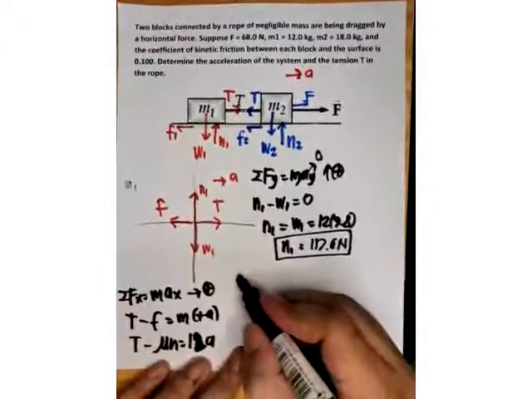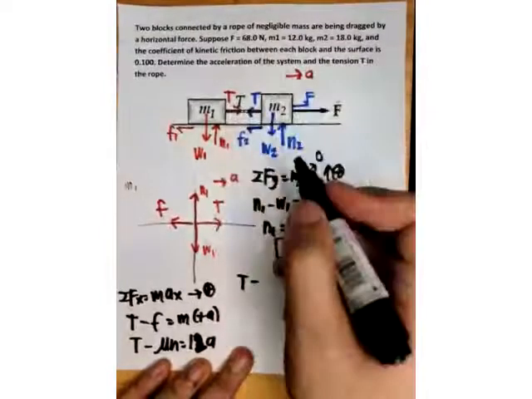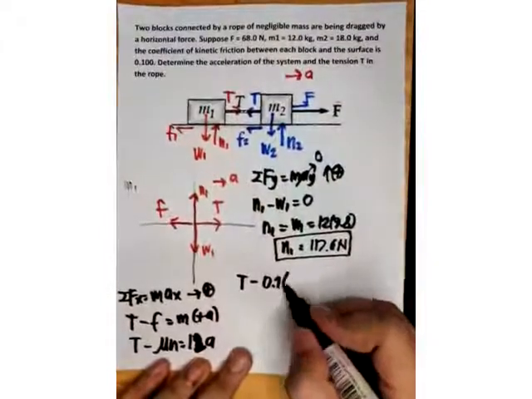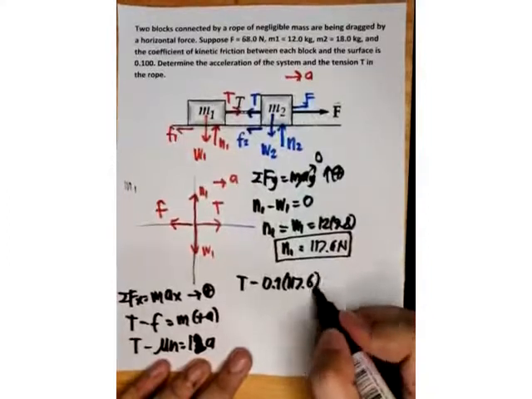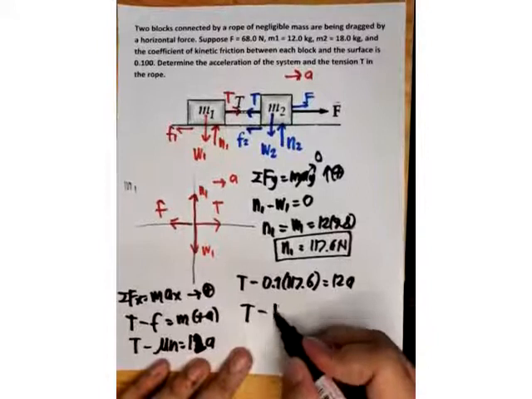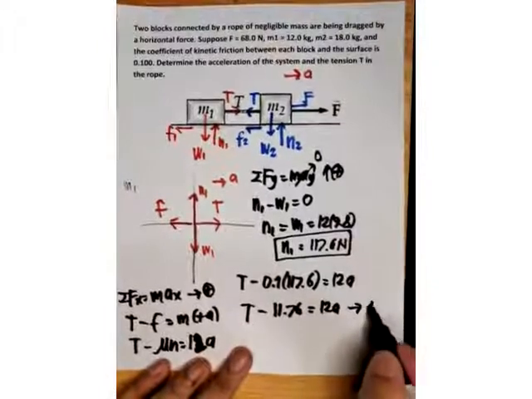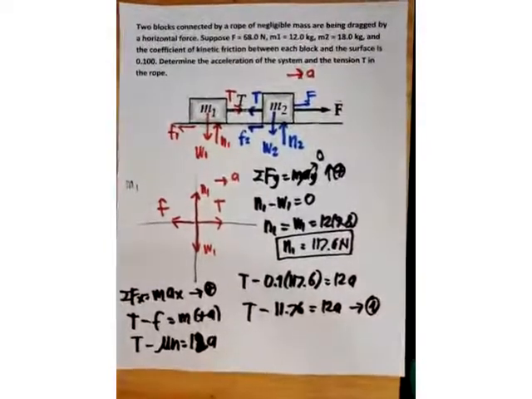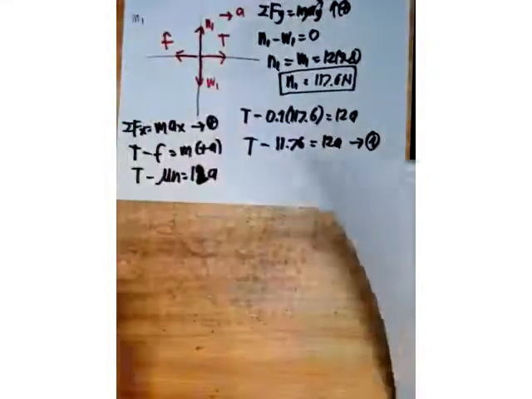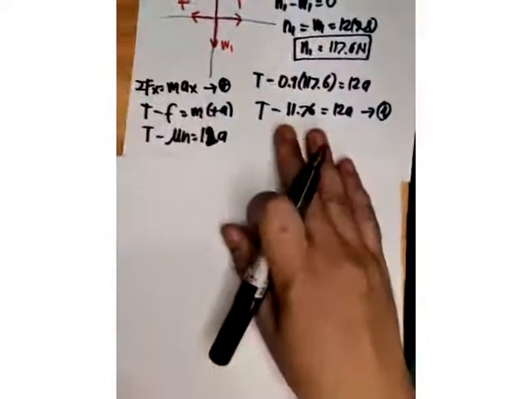So, tension minus, what's our coefficient of friction? It's 0.1 times 117.6 is equal to 12a. So, let's simplify. Tension minus 11.76 is equal to 12a. So let this be our first equation.